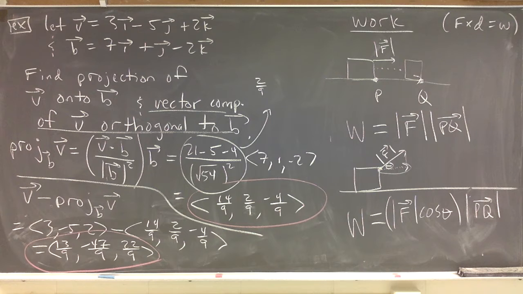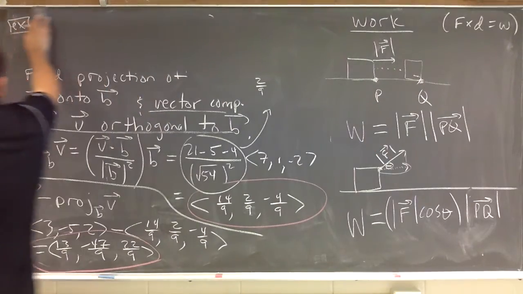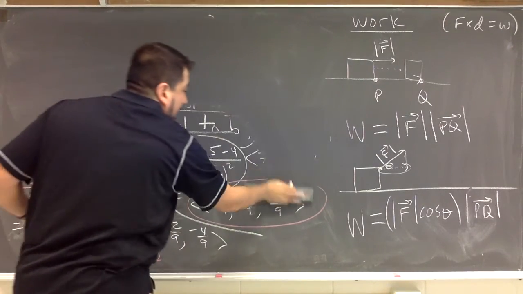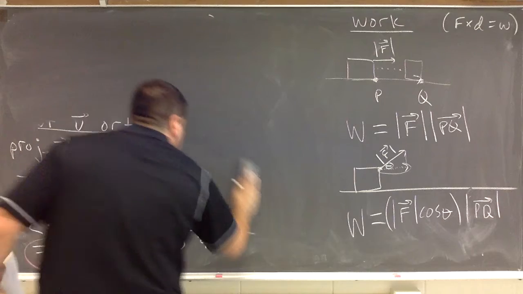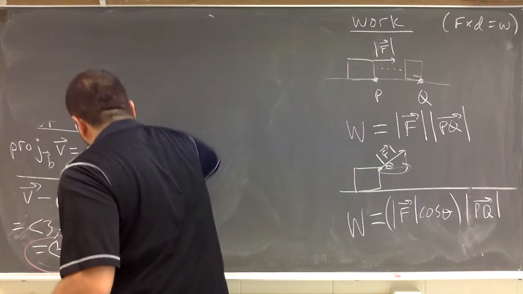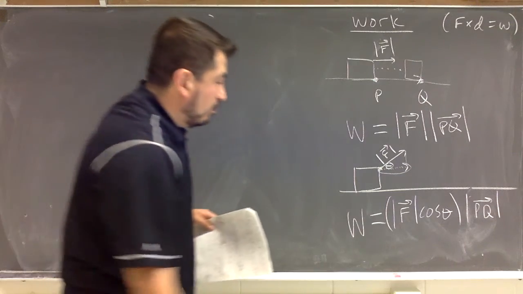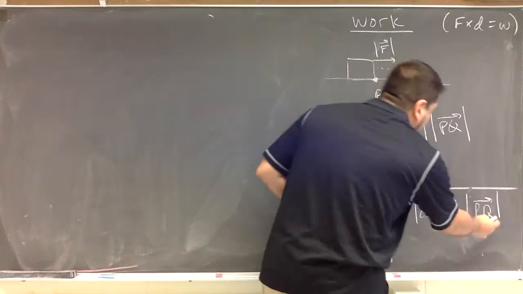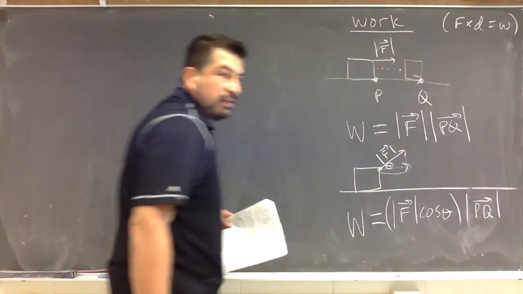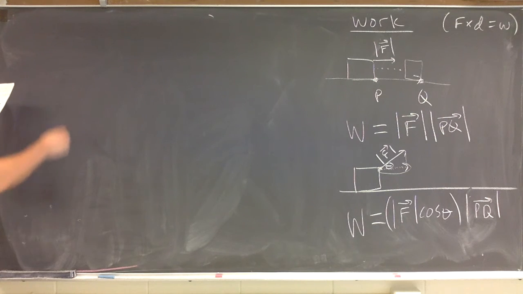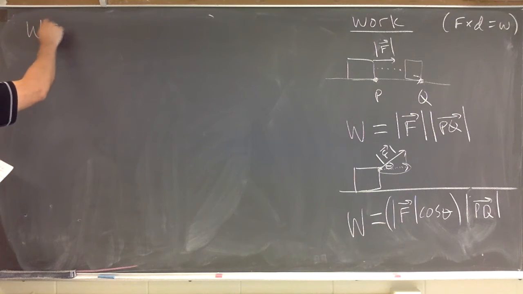Okay? So what is that? Well, if you pay attention to what's there, not necessarily the order, we got a nice little formula. We have the magnitude of one vector, the magnitude of another, the cosine of the angle between the two vectors. That sounds suspiciously like the dot product.